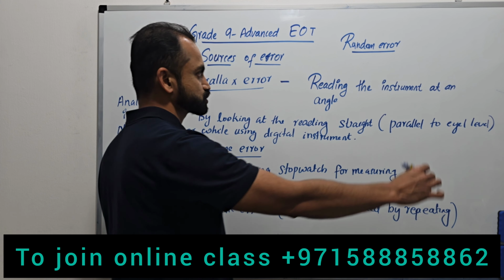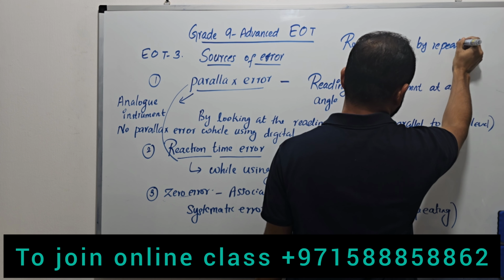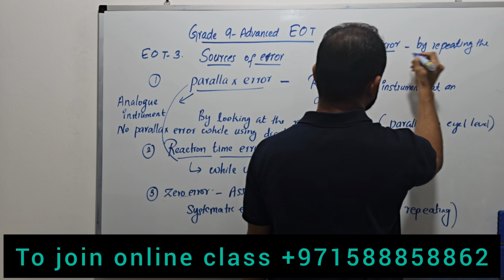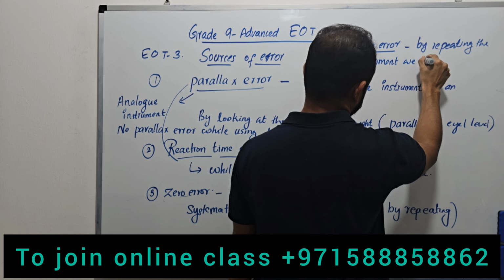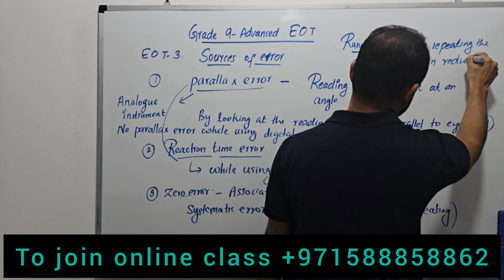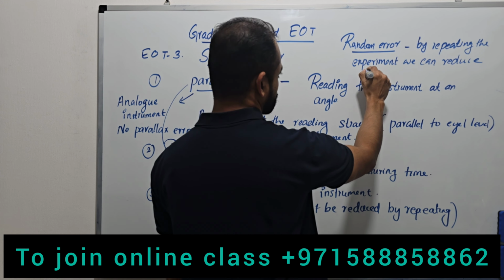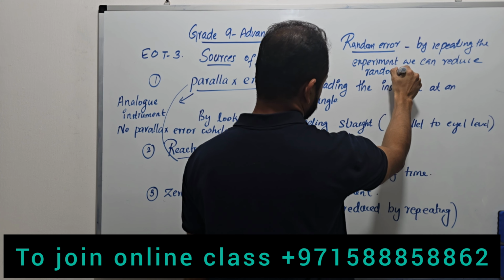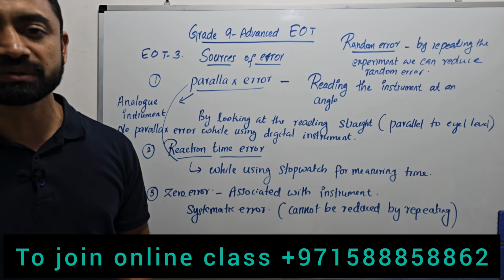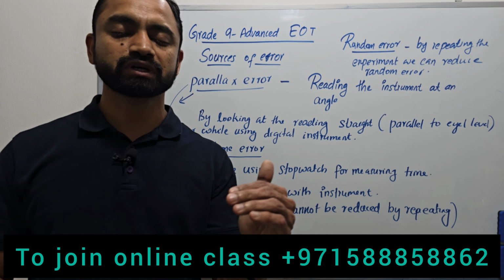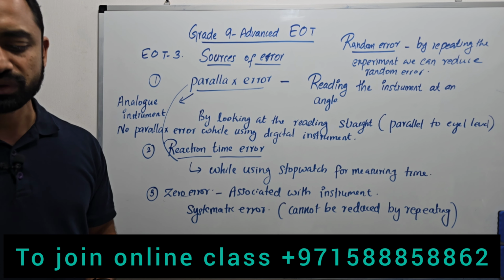By repeating the experiment, we can reduce random errors. So random error depends on the person doing the experiment, and systematic error depends on the instrument that we are using to take the measurement.